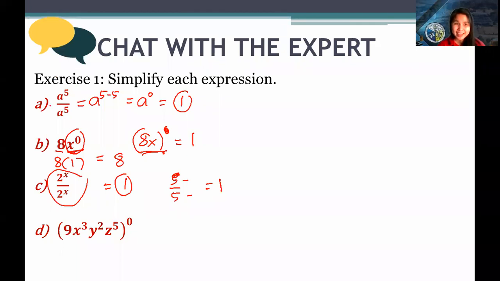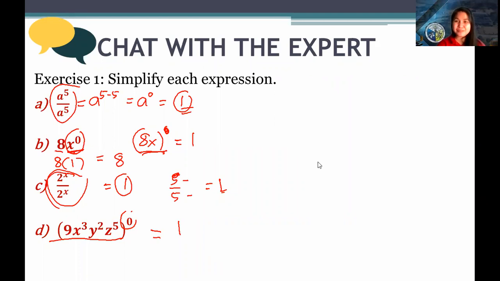Like this one, a, 1. Here, 1. Next, letter d. What's the answer? Very good, 1. When all numbers are raised to the power of 0, the answer is 1.